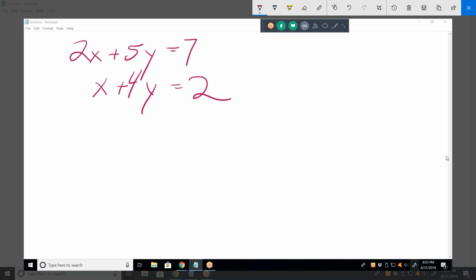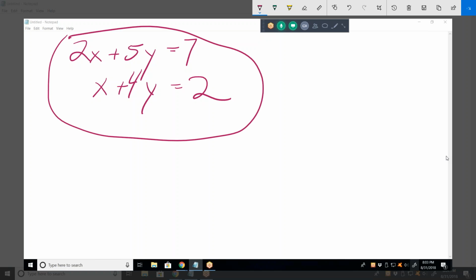All right, this is a pair of simultaneous equations. In other words, this is a system of equations, meaning the answer for x and y fit both equations. Okay?